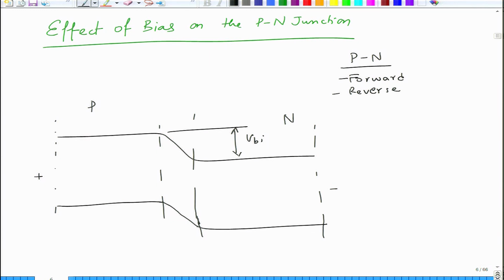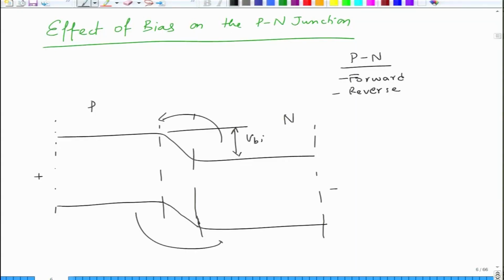Since you are applying negative bias to the N terminal, the electrons on the N side will feel a force to go to the P side. Similarly, when you positively bias the P side, the holes from the P side will be forced to go towards the junction to the N side.